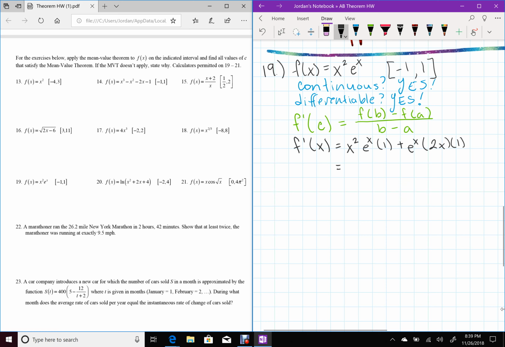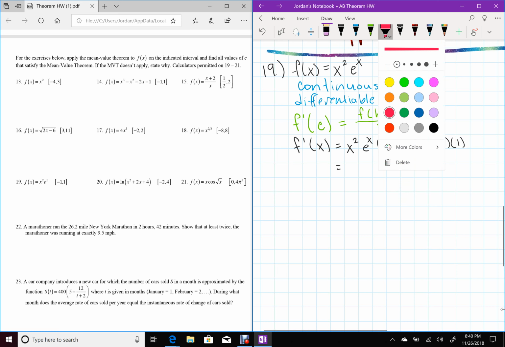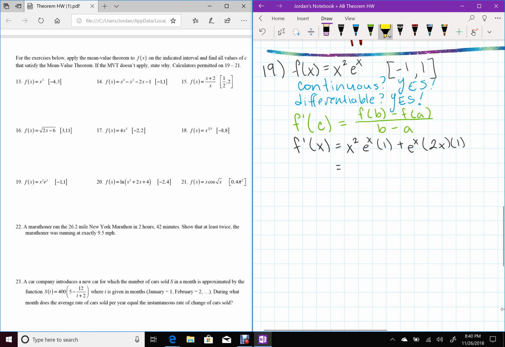We can clean this up by factoring out the e to the x, right? Because they both have it. And we will have e to the x, x squared plus 2x, right? And you can notice you can pull out the x as well. Okay, so now we have f prime of x.